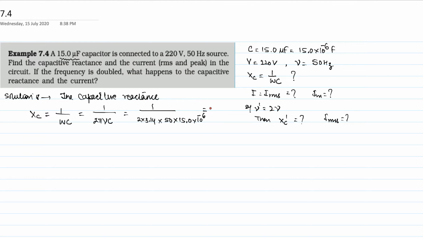You can solve it. You are 10 plus 2 students, so you can do this ordinary mathematics. This is 212 ohm. Now another part of the question asked is the root mean square value of current.